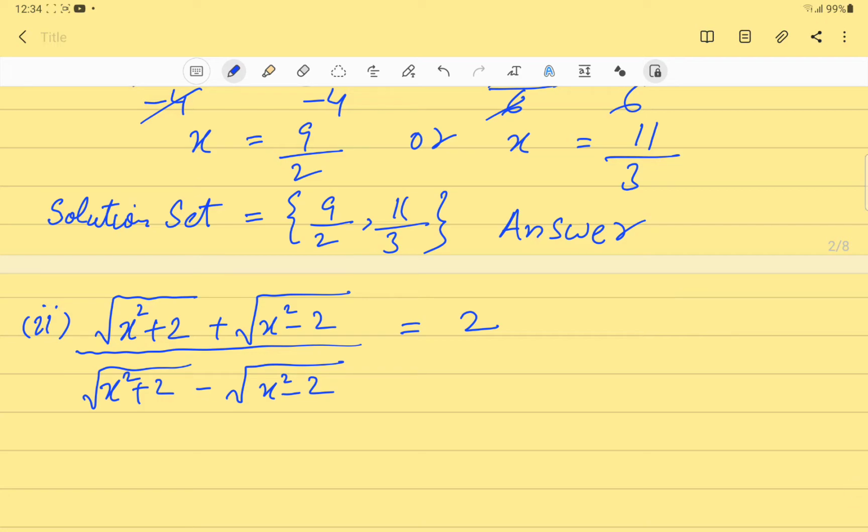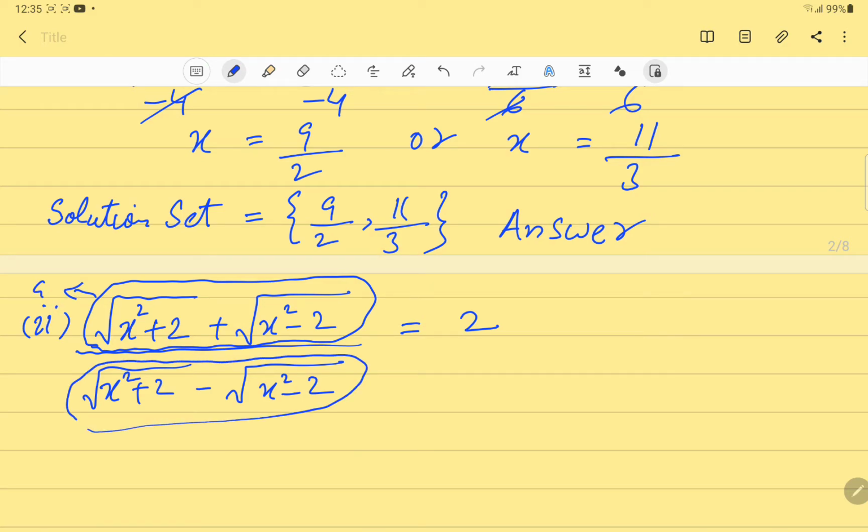Okay, let us apply the same formula. This is our A, this is our B, this is C, but where is D?